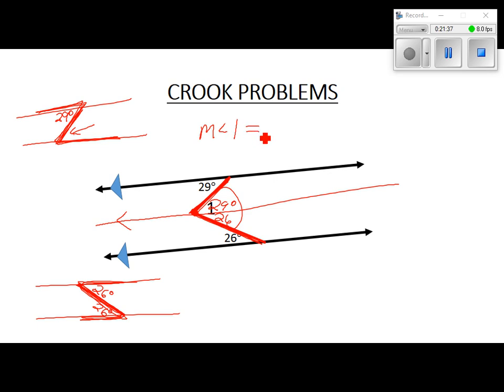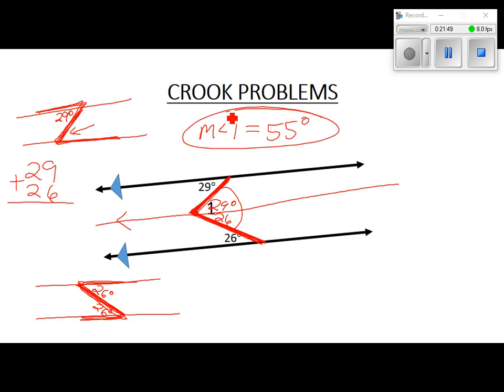Add them together. What do you come up with? 55 degrees. So what's the measure of angle 1 there? 55 degrees. Now, they're not always going to tell you these angles. Maybe the next time they might tell you this angle or this angle up here. So you can't always just use alternate interior angles, but that's the basic idea.